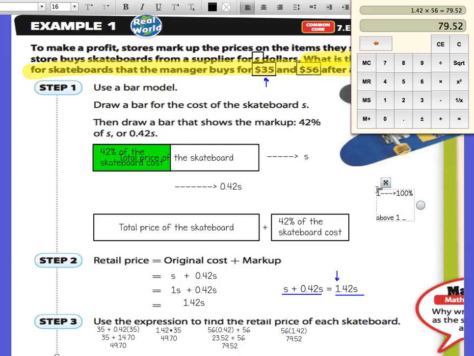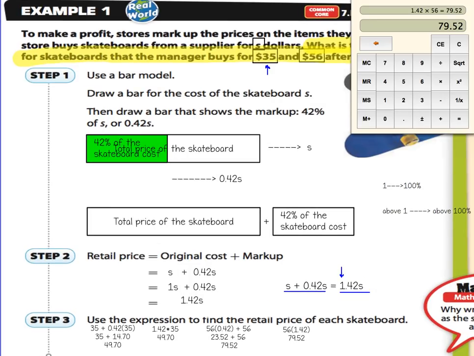That's going to be a percentage that is above 100%. Okay. So with markups, it makes sense because markups are supposed to make the price higher because they want to make money.